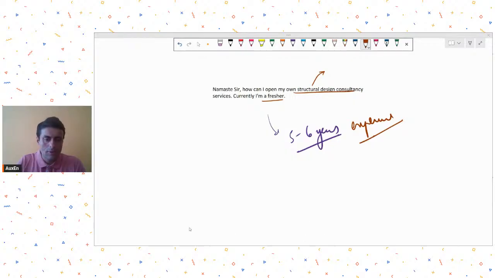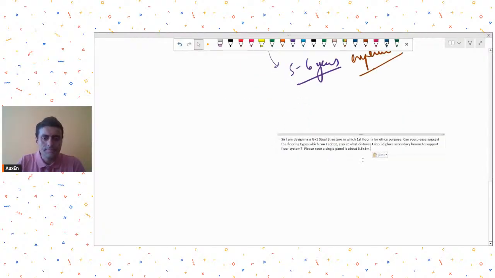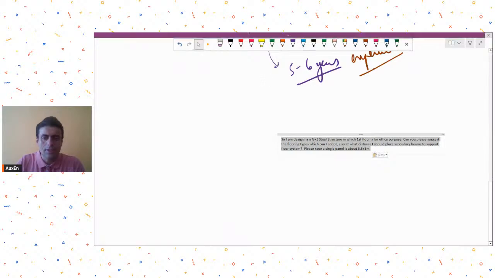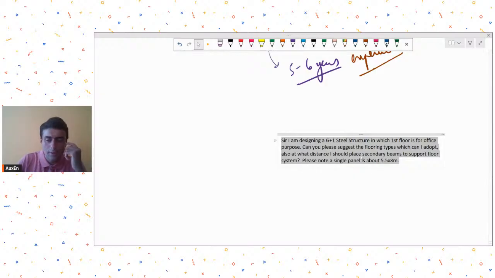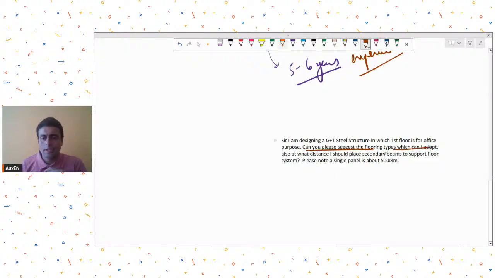Next question is from engineer Ashish Kumar. He is joining us from Ranchi. He is an independent consultant, and his question is: he is designing a G+1 steel structure in which the first floor is for office purpose. Can you please suggest the flooring types which I can adopt?